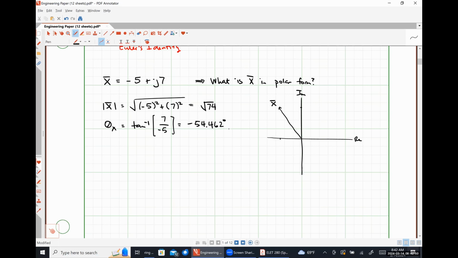Okay, so the rectangular representation of x is telling us that effectively this complex number should lie in the second quadrant. But the polar representation, as we just figured out, is effectively telling us that it should lie in the fourth quadrant, right? So it would have a magnitude of some length, square root of 74, and then an angle of -54 degrees, which would be roughly down here somewhere.